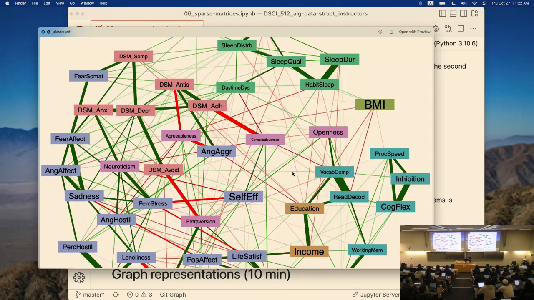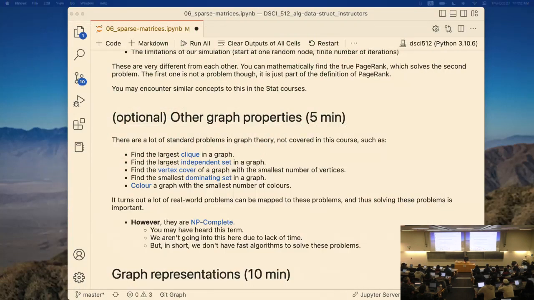So it plays a more important role than sleep quality, for example. And this is just an application of how you can apply these concepts and make real practical sense of it for a problem that will be very valuable for perhaps medical or psychotherapeutic purposes. Just a nice example to give you more motivation.